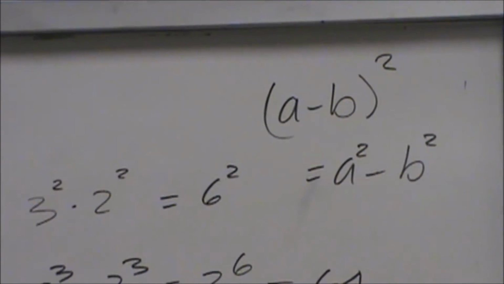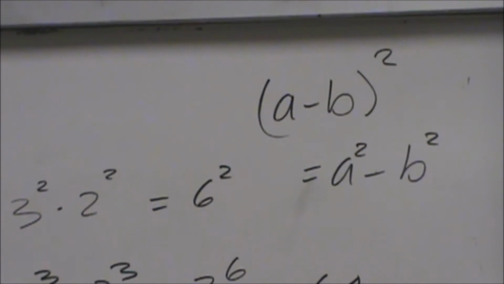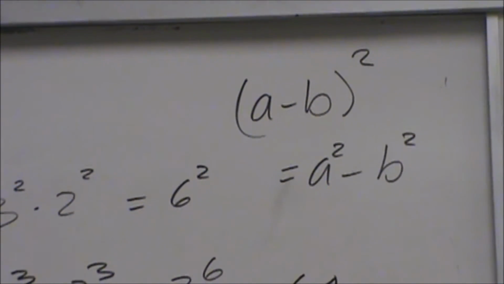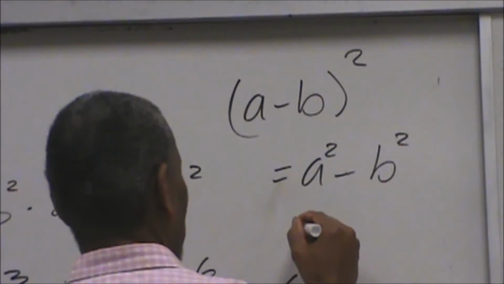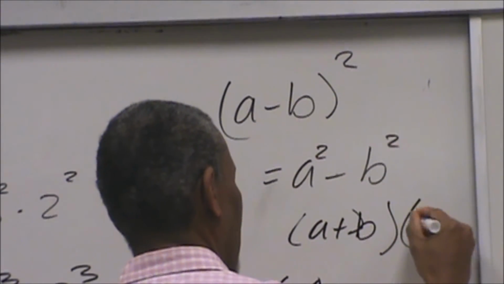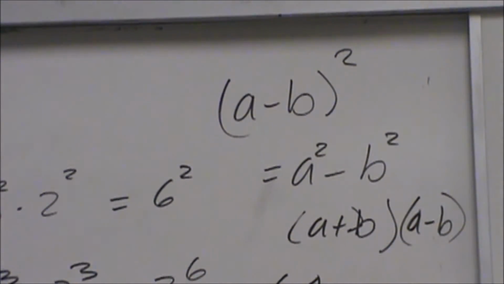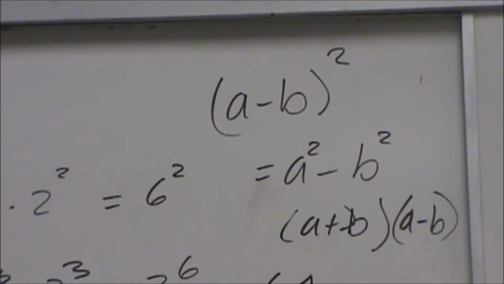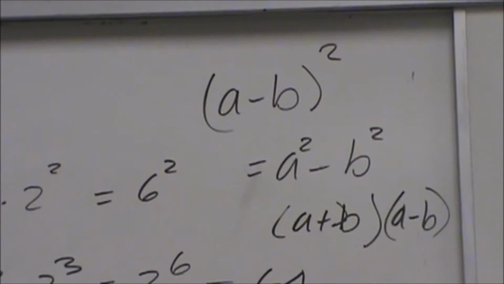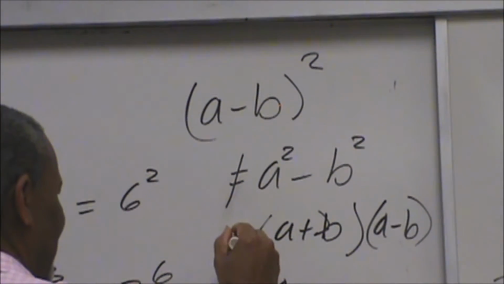The answer is no, it's not the same, because A squared minus B squared is actually equal to A plus B times A minus B. So this is not this, but this is this.